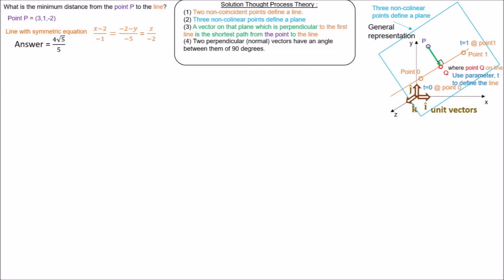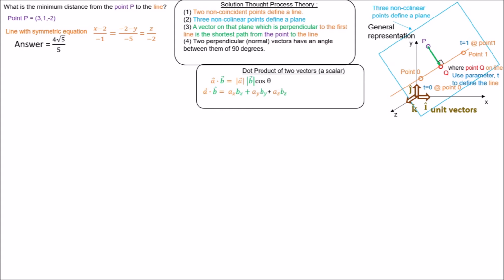And another thing we know is that if I have 2 perpendicular vectors, the angle between them is 90 degrees. And we know something about dot products. The dot product of 2 vectors is a scalar. If I have vector A and vector B, the dot product is the product of the magnitudes times the cosine of theta, the included angle between them.